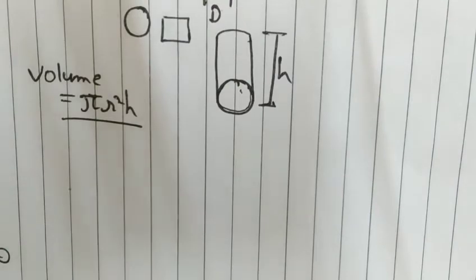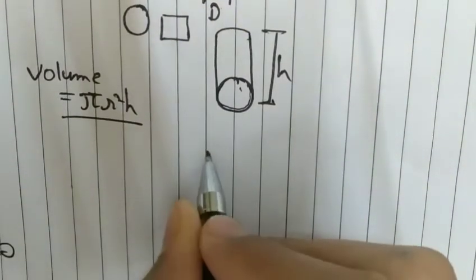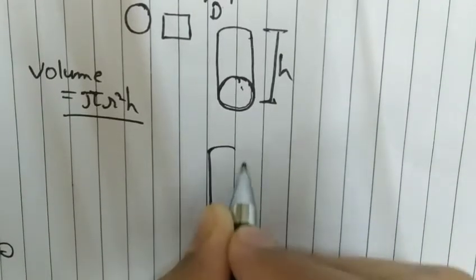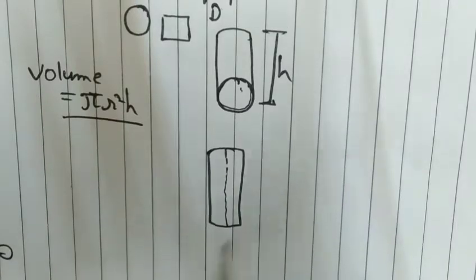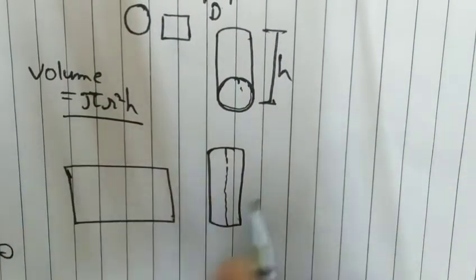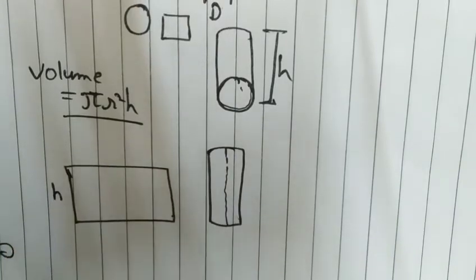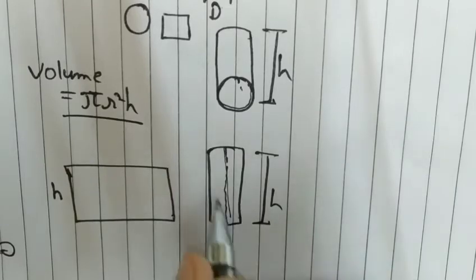Now surface area. If this is a cylinder and I cut it from here and open it, it will look like a rectangle with a height h edge, and breadth edge, because I cut it from here, so this is only the breadth, that is edge.